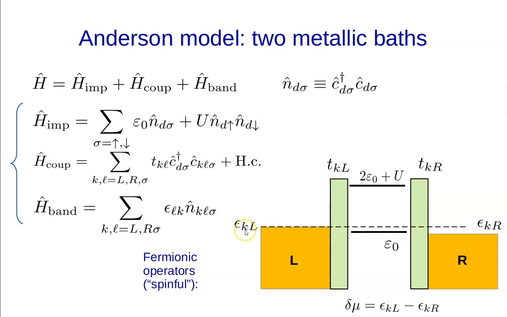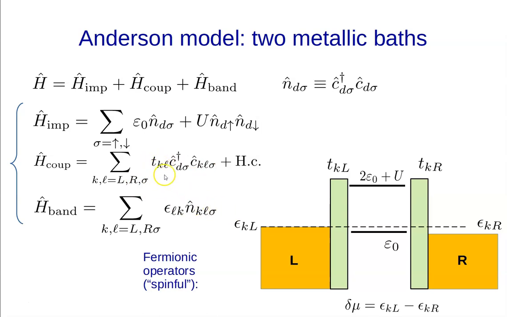So you might think of k as a momentum if you're thinking this is like a metal and this is like a free Hamiltonian. Like this is the Hamiltonian for the band, right? If this would be a free Hamiltonian proportional to k squared, for instance, this could be the momentum. So I'm using the discrete values for k here just for simplicity, but we're going to take the continuum limit later.